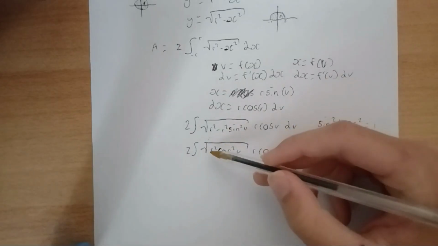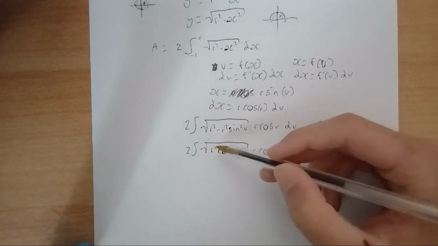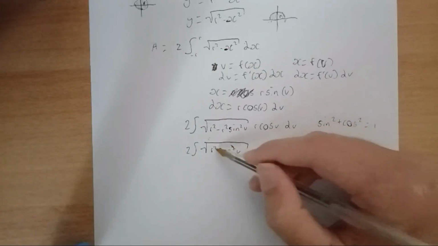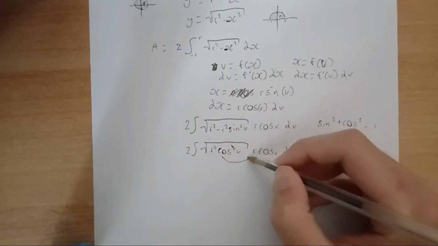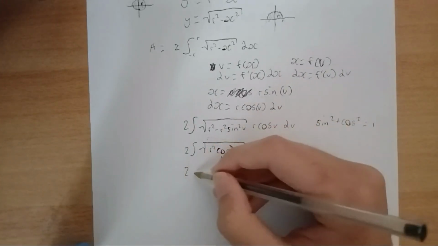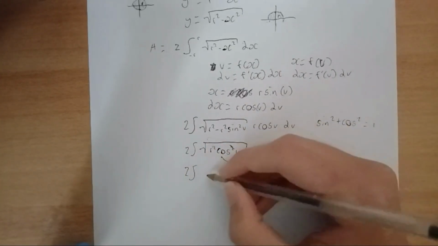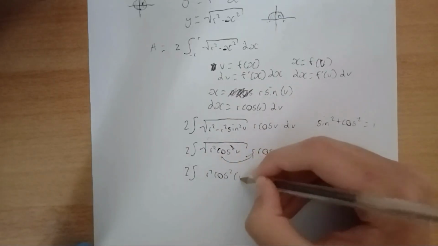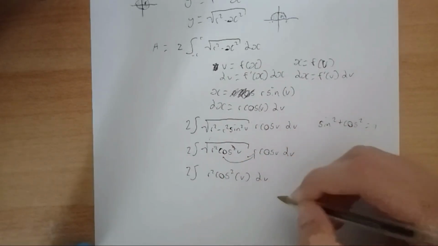Now naturally we can just square root this and get rid of that, and then it just becomes r squared cos squared u du.